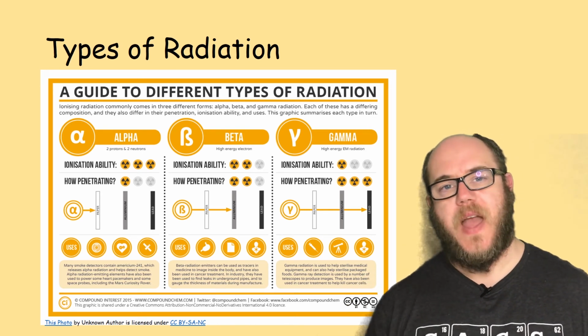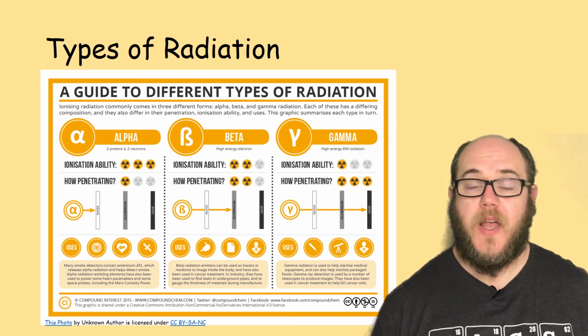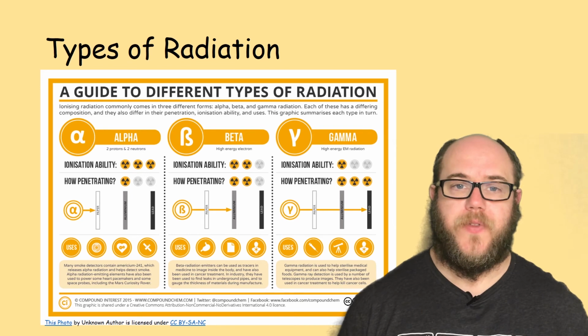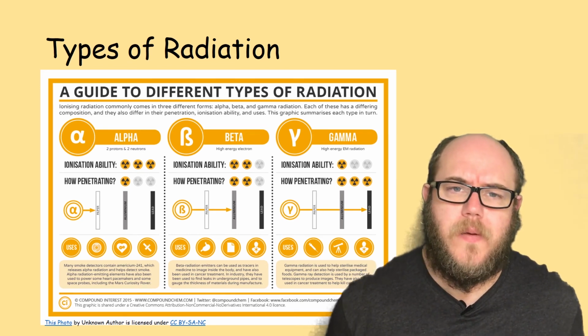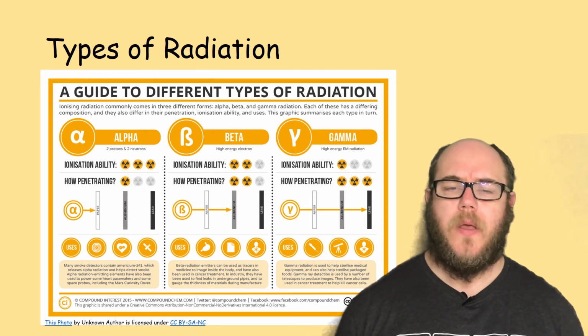Positrons are the antimatter versions of electrons. These are small positive charges. Now this happens when a proton decides it wants to be a neutron. It goes, no man, I'm not so positive anymore. I'm kind of meh.